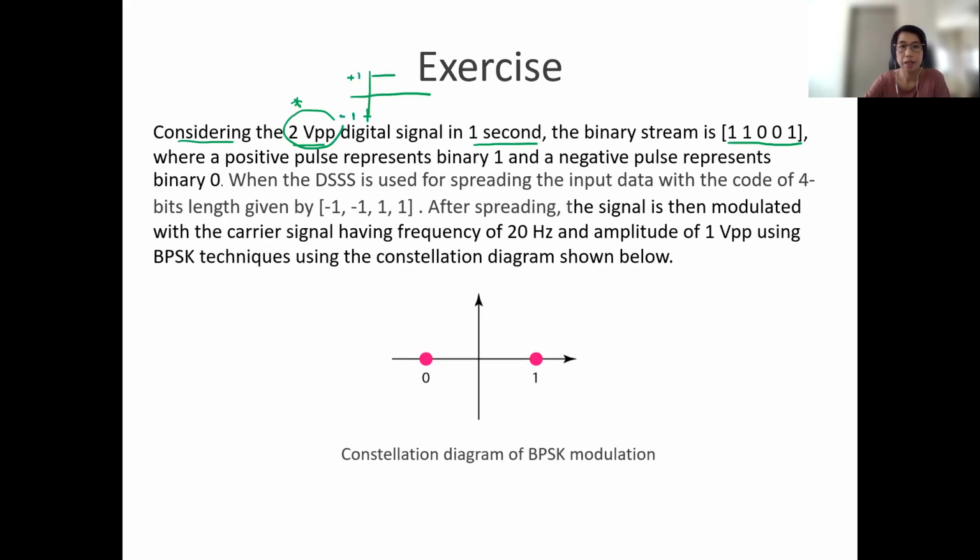And then let's see. It mentions here that a positive pulse represents binary 1 and a negative pulse represents binary 0, when direct sequence is used for spreading the input data with a code of 4 bits length. So the code will be given like this: -1, -1, 1, 1.